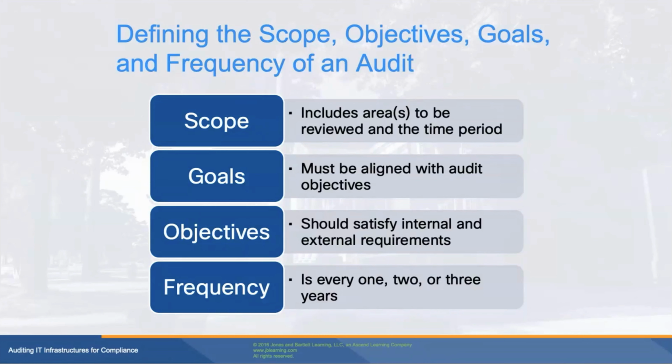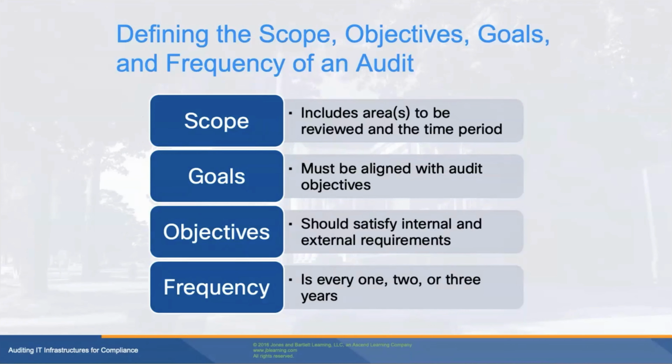The goals must be aligned with the audit objectives. So we have audit objectives, and our goals for the audit must be aligned with those. The objectives should satisfy internal and external requirements. So you're going to have a set of policies that are internal to the company. You're going to have a set of regulations that are external to the company.